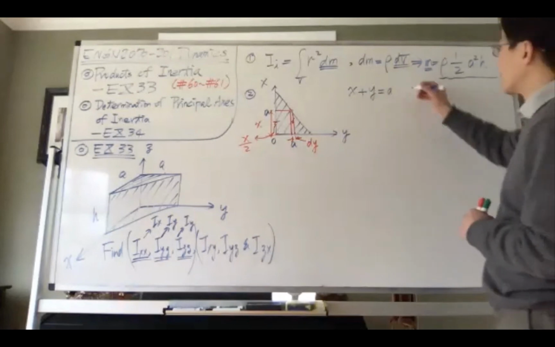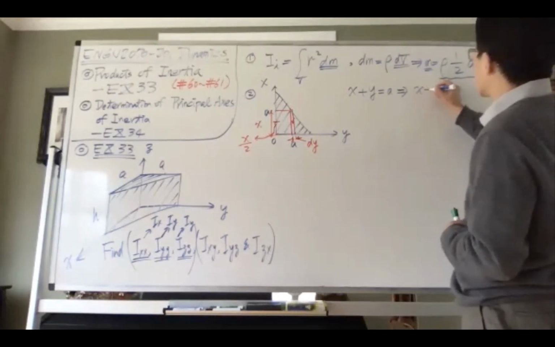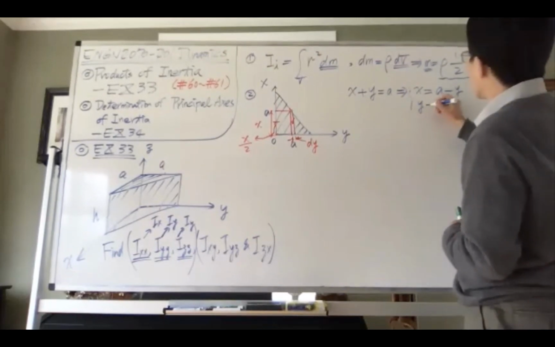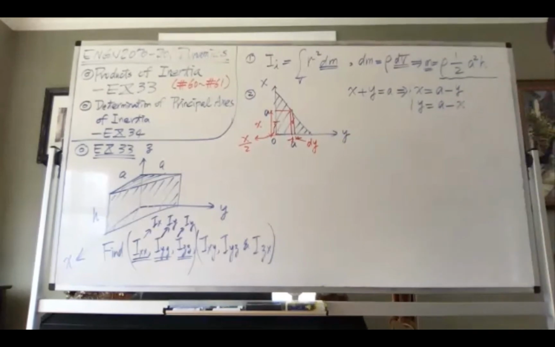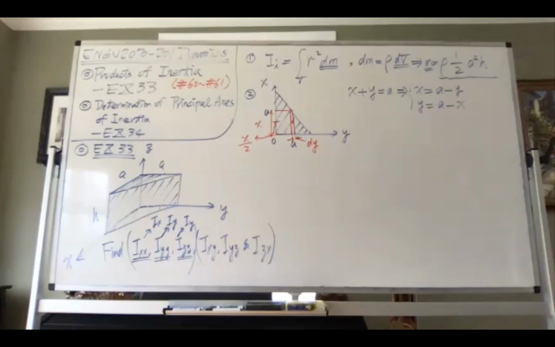And that means you already have these two. You can say that x equals a minus y, or you can say y equals a minus x. Correct? Right? Okay, and then we can start putting numbers to find out what is Ixx and what is Iyy.